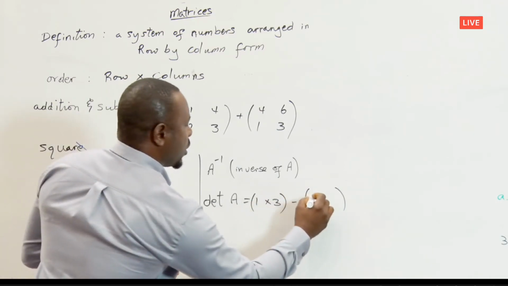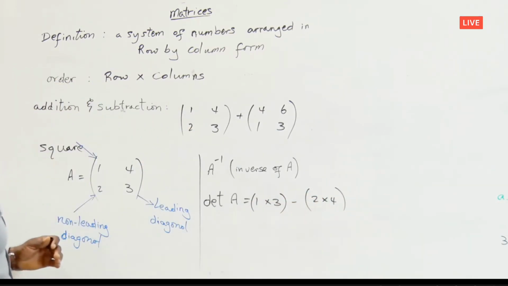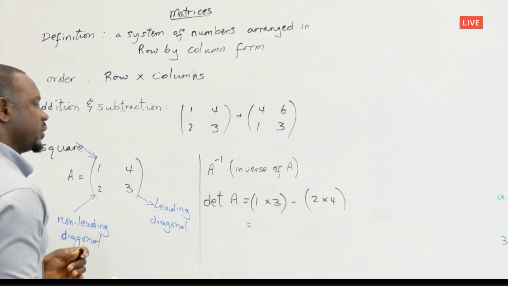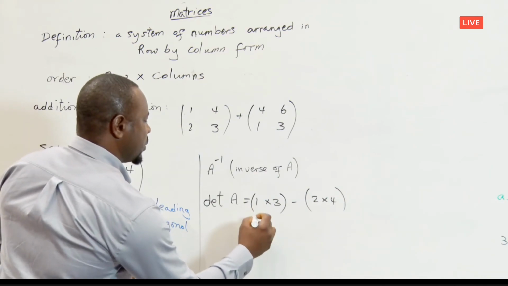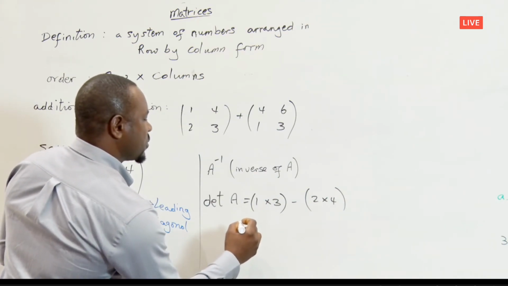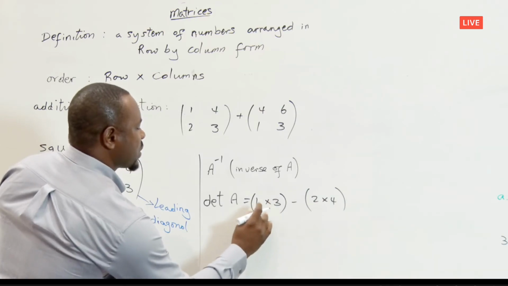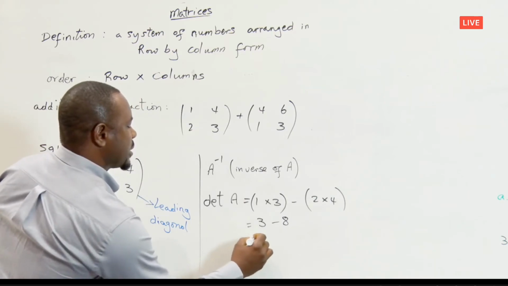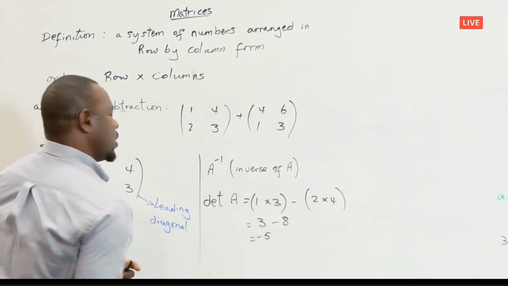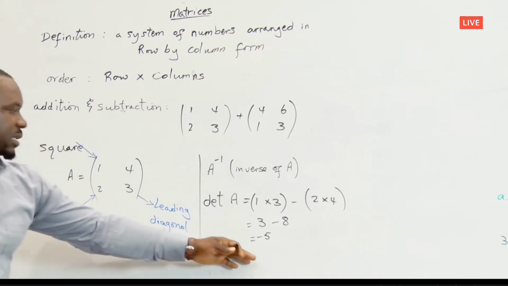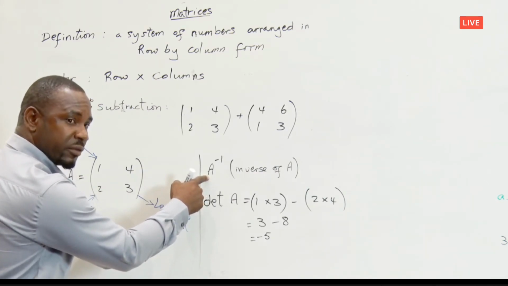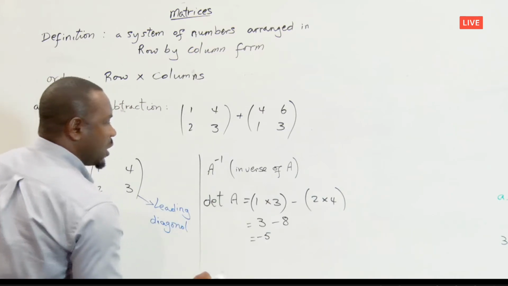So we take the product for the leading diagonal, which would be 1 times 3, and we also take the product of the non-leading diagonal, which would be 2 times 4. All right? And we subtract them, and this is going to give us the determinant for the matrix. Let's just work it out. So this will give me 3 minus 2 times 4, which is 8. And this gives me 3 minus 8, which gives me -5. So the determinant of this matrix A is -5.